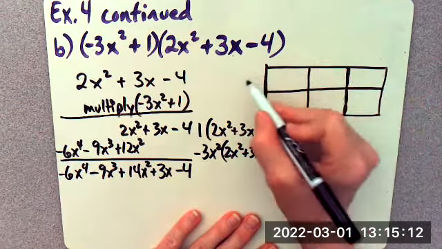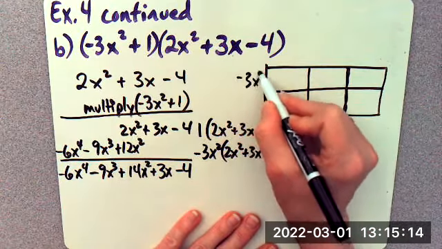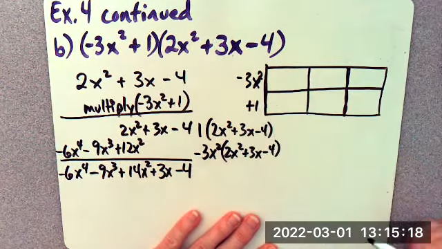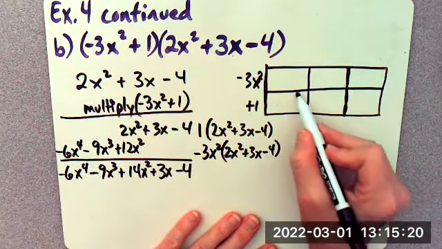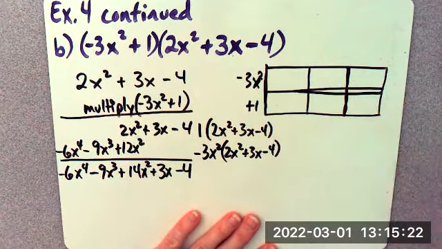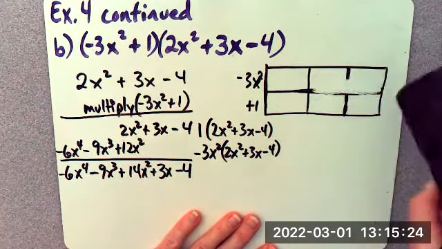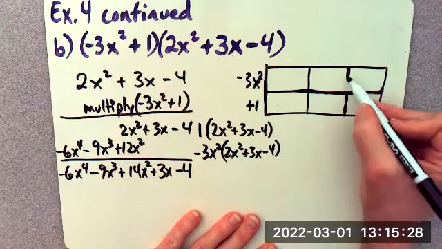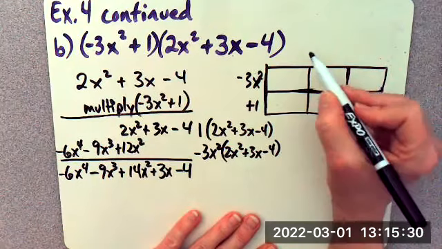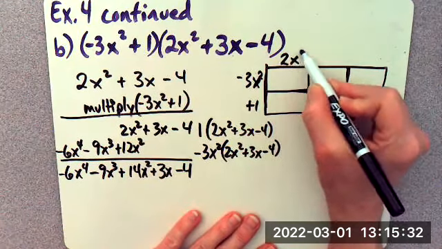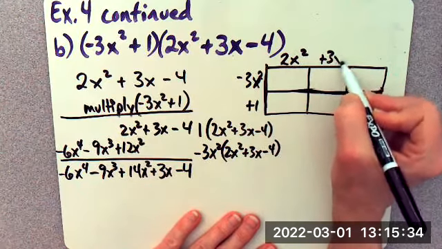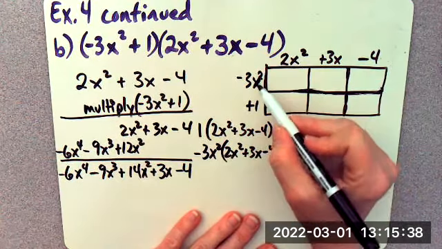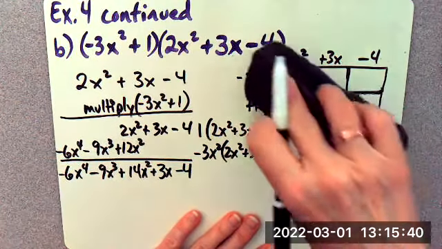All right, so we have negative 3x squared and plus 1 right here. Box got a little bit messed up here. Let me straighten that out. Okay, and then we have 2x squared plus 3x minus 4. So we have 3x squared, and you might not be able to read that well.